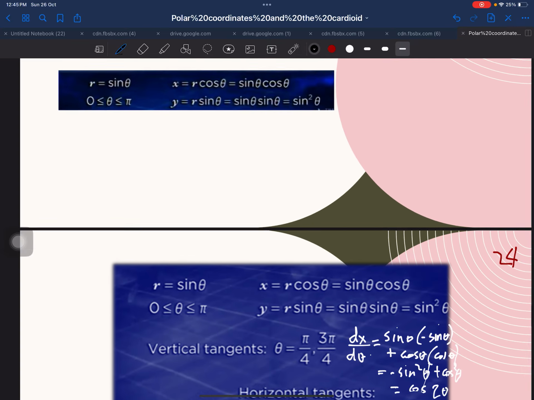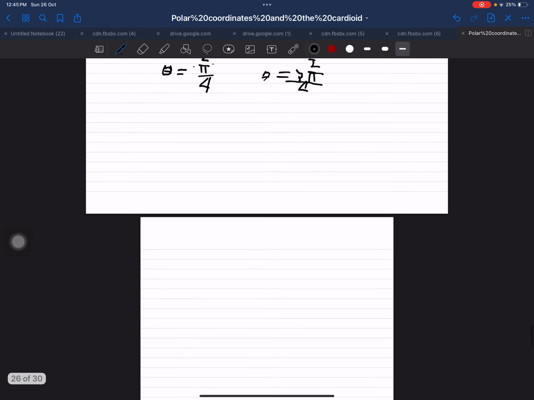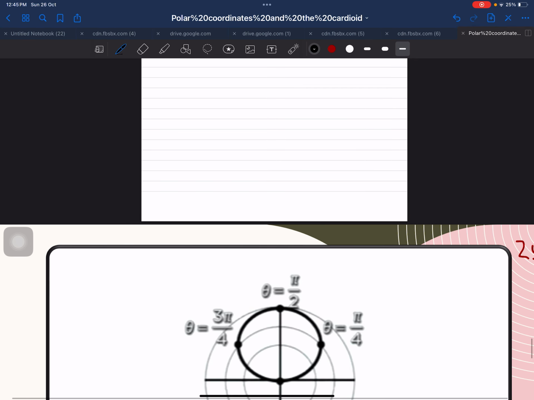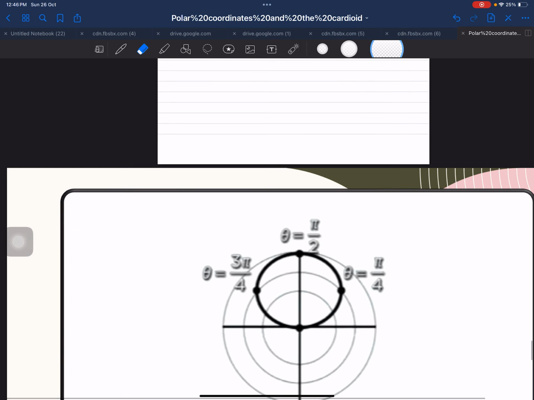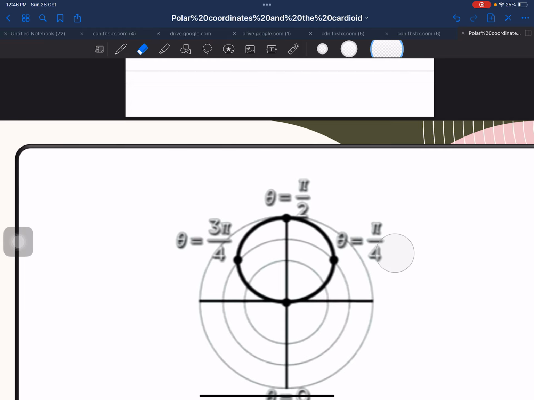So let's look at the graph. Where are pi over 4 and 3 pi over 4?